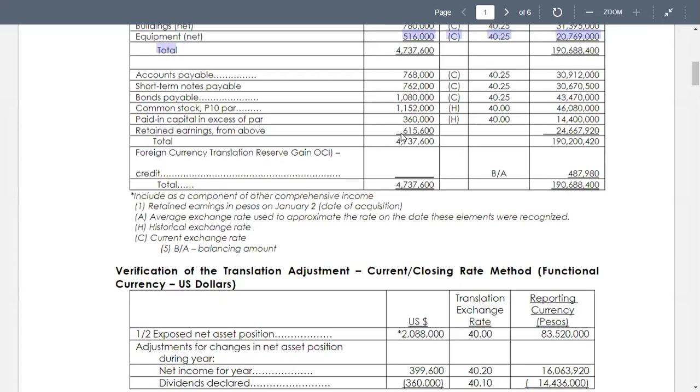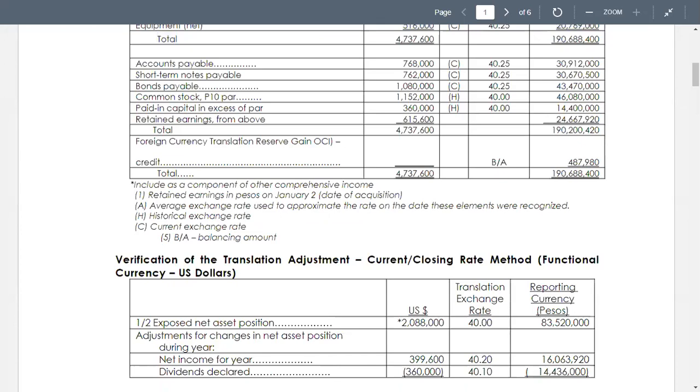So how do we translate our accumulated depreciation? Likewise, how do we translate our building? Since the accumulated depreciation relates to the building, in other words, we have to translate our accumulated depreciation just like that of the building.